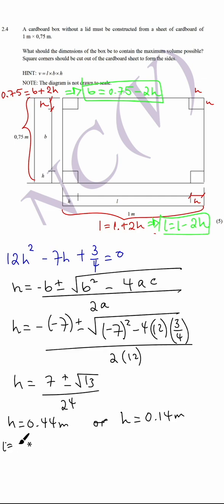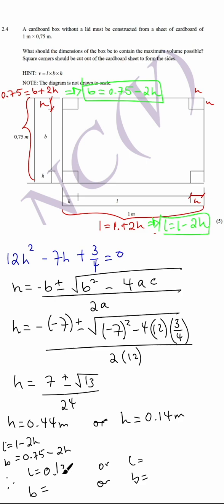Now remember, in the beginning I had expressed my L and B in terms of h. We saw earlier that L is equal to 1 minus 2h and B is equal to 0.75 minus 2h. In these two little equations, we substitute the values of h that we found. If I substitute h equal to 0.44 into the equation for L, I find that L is equal to 0.12 meters.